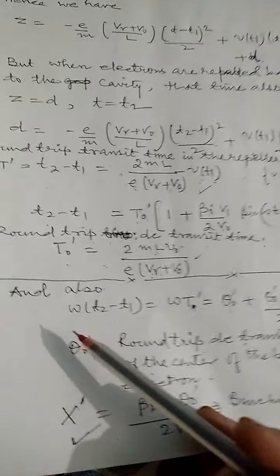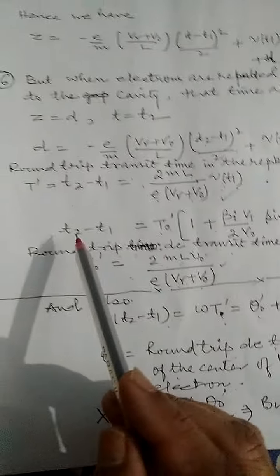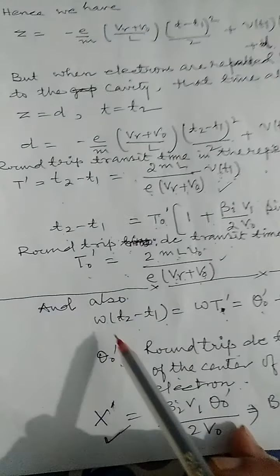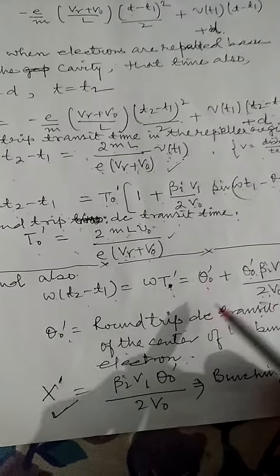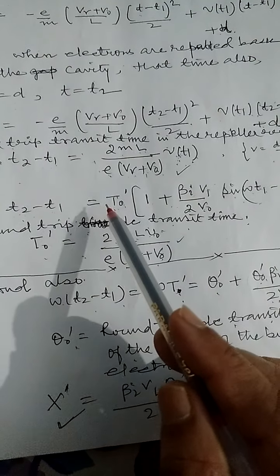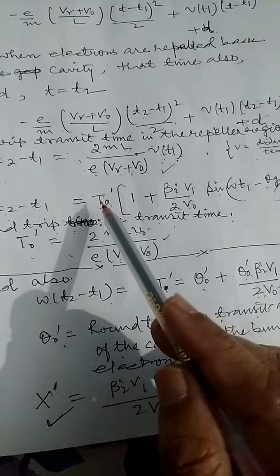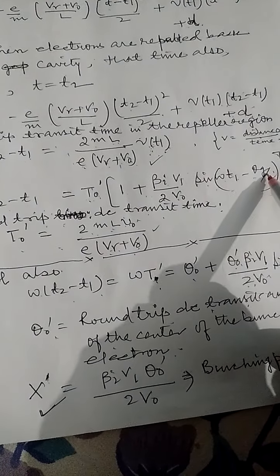Now we'll see the transit angle. If we multiply by omega, we get omega (t2 minus t1), which becomes omega t dash, and if I multiply omega t naught dash, it becomes into 1 plus beta i v1 divided by 2 v naught sin omega t1 minus theta g.